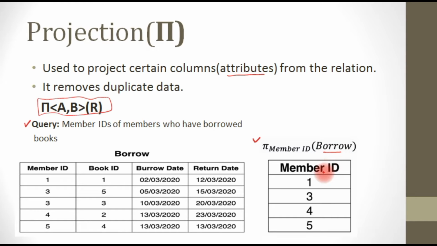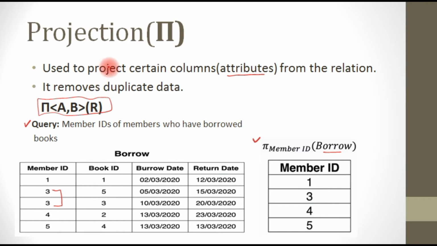Here we have member IDs with values 1, 3, 4 and 5. See, here two values are the same. When two values are the same, project will give you only one value because it removes the duplicate data. That's why we got only one value, that is 3.